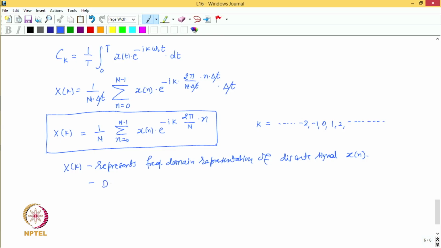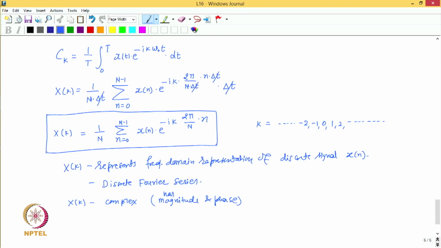So, this is referred to as discrete Fourier series, right, and here the amplitudes x k are basically complex. The amplitude x k is complex, that is, it has magnitude and phase.